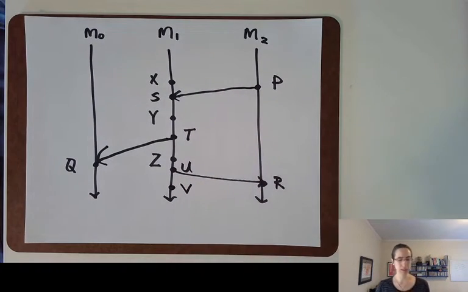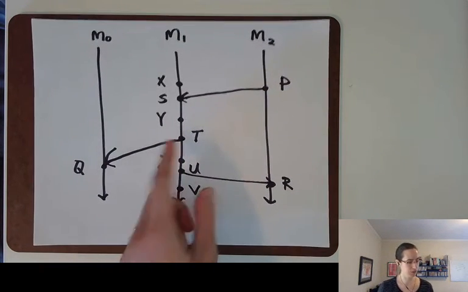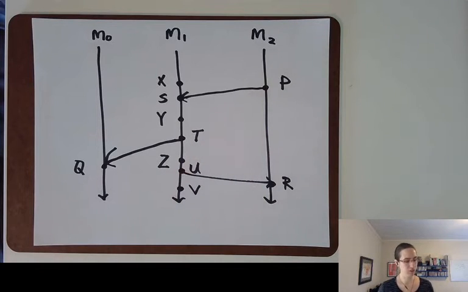So now we've got a whole bunch of events in this picture. Some of them are what we call internal events, events that are internal to a particular process line, and some of them are message send and receive events. P, for example, is a message send, and T is a message send, and U is a message send.